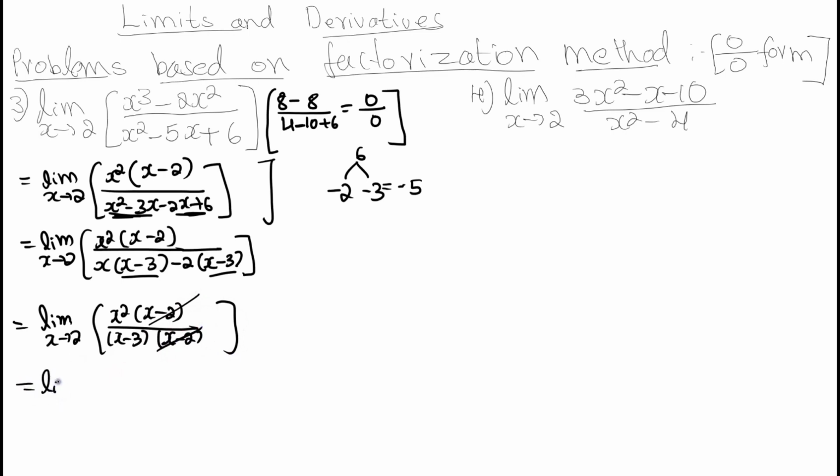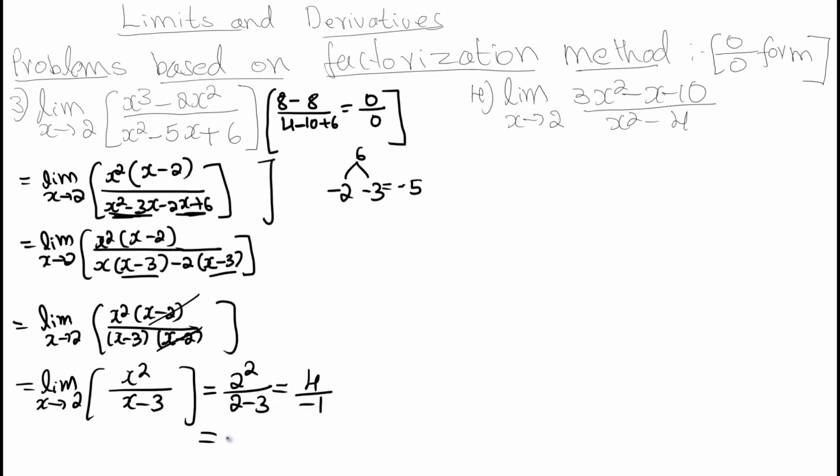So the remaining term is limit x tending to 2, x square divided by x minus 3. Now take x value equal to 2, so that you will get 2 square divided by 2 minus 3, so that 4 divided by 2 minus 3 is minus 1. So the answer will be minus 4.